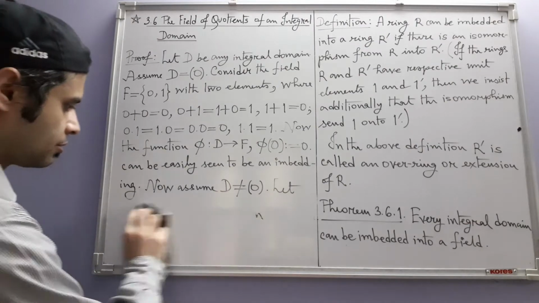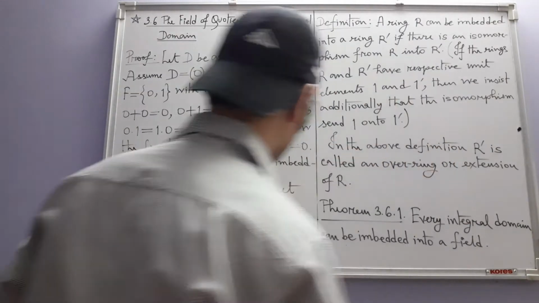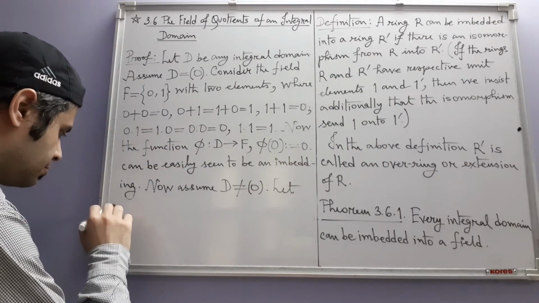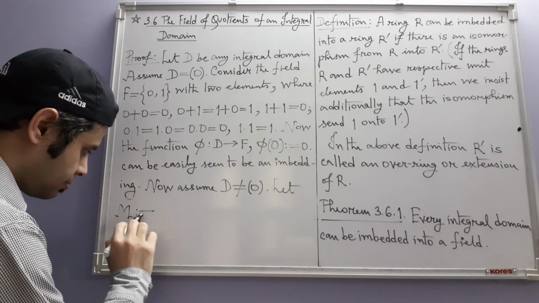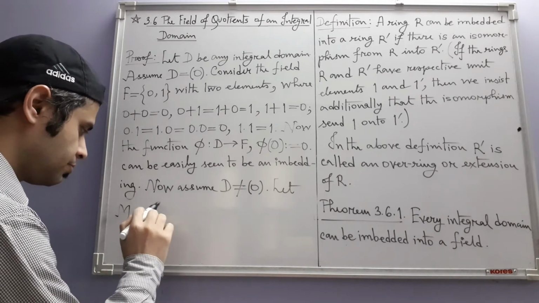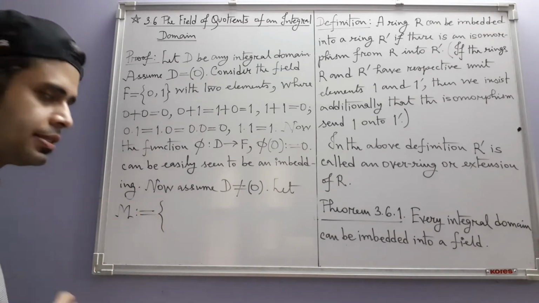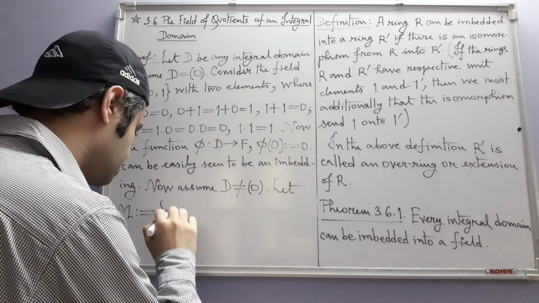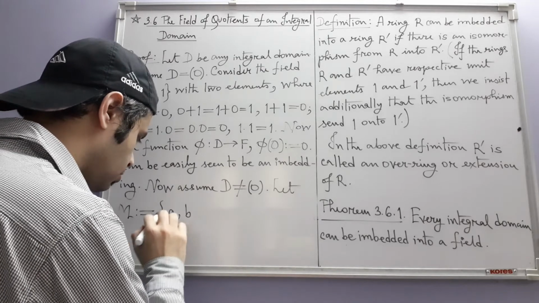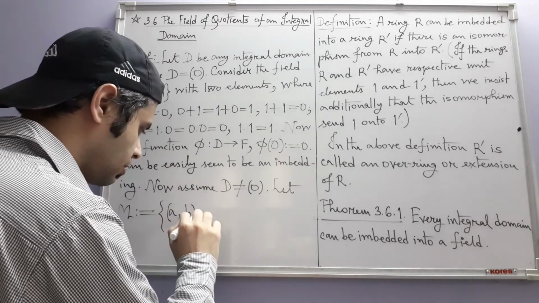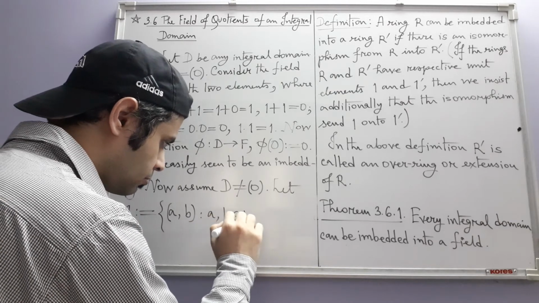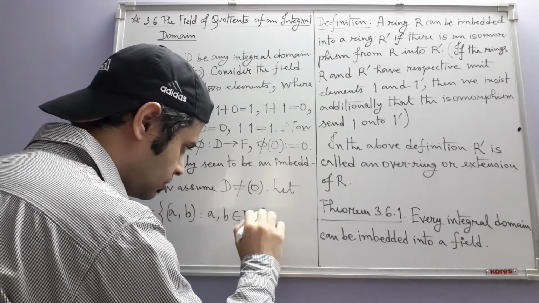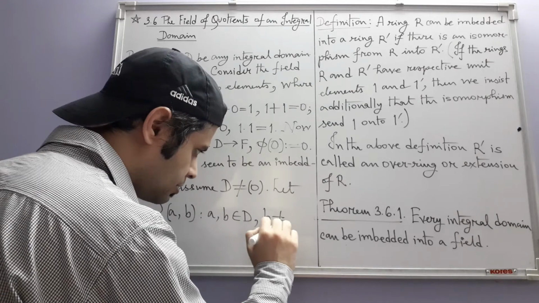Let M be this set. It is the set of all ordered pairs of elements of the integral domain where the second coordinate is non-zero.